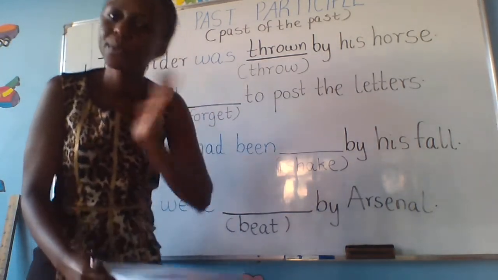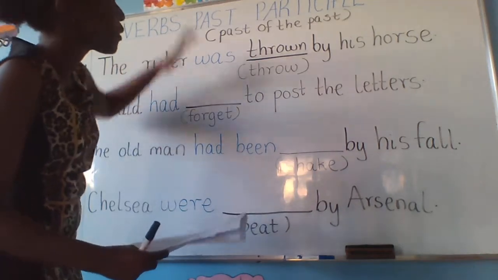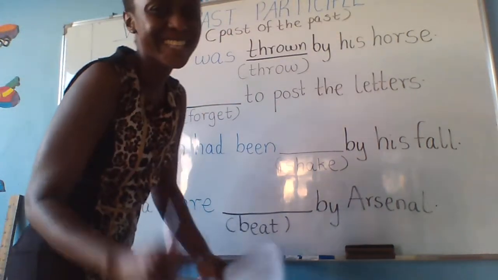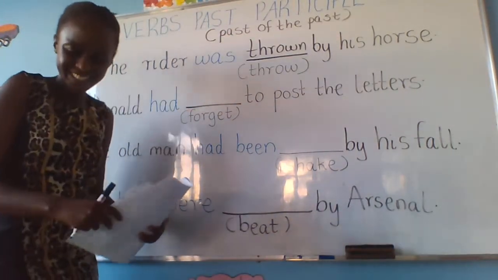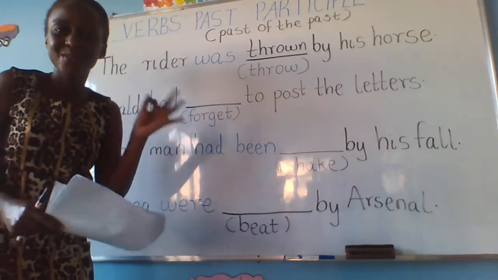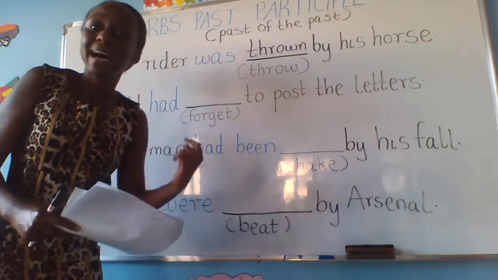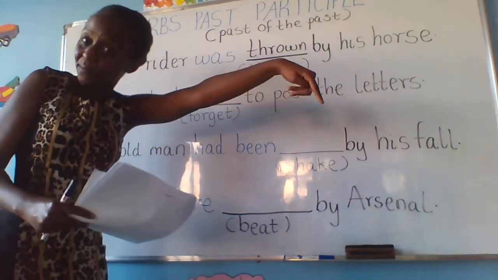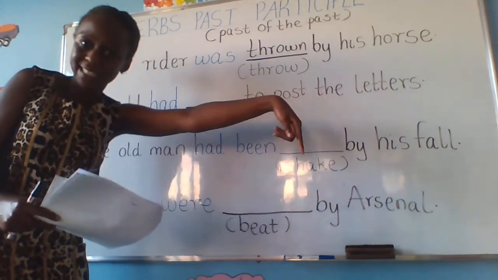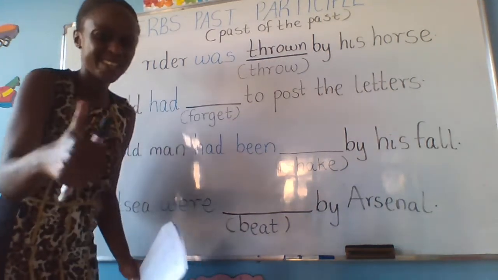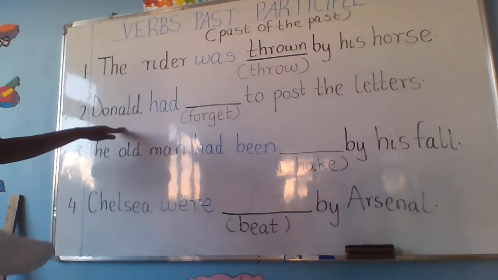It won't sound so good, okay? So, the rider was thrown by his horse. I know that in year 3, you know the past tense of throw is threw. But now there is the third form, and that's what we are learning today. Past participle, thrown. Good.